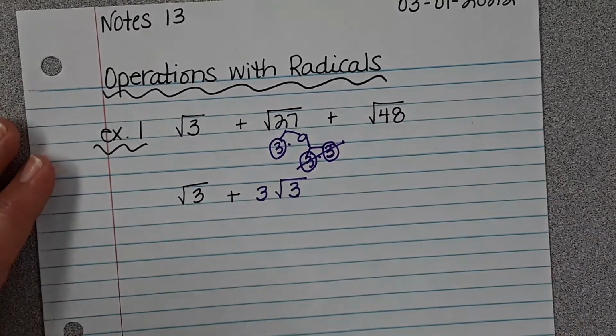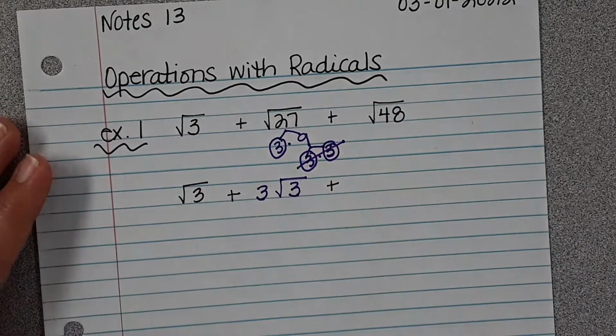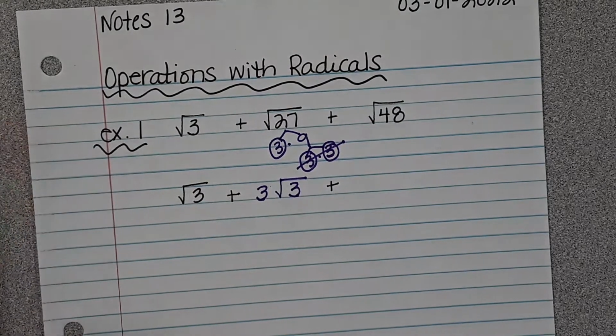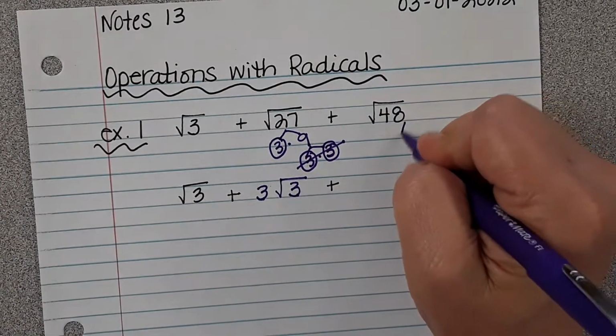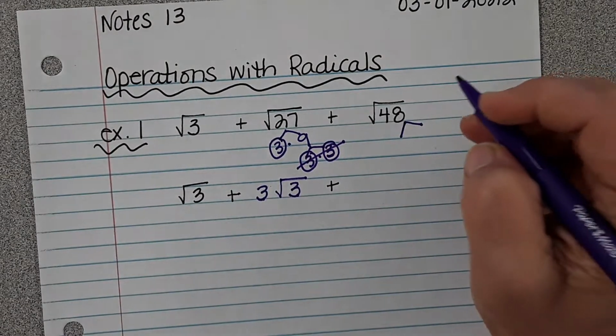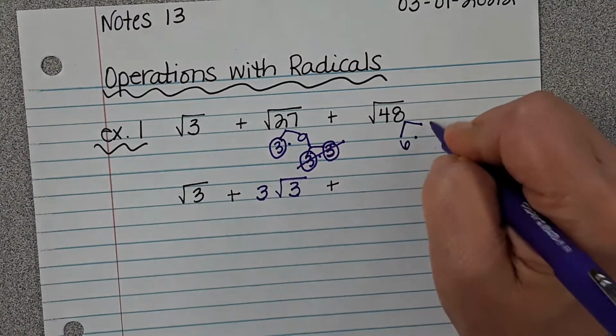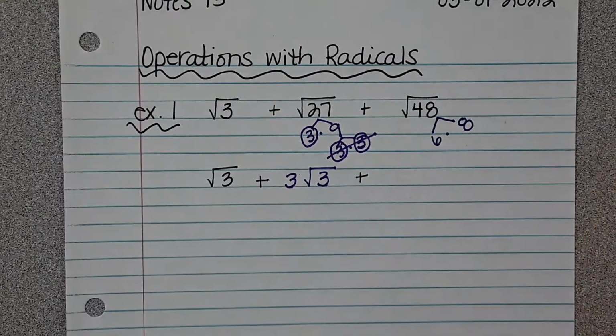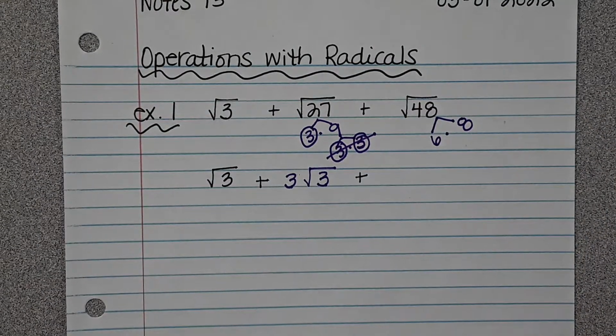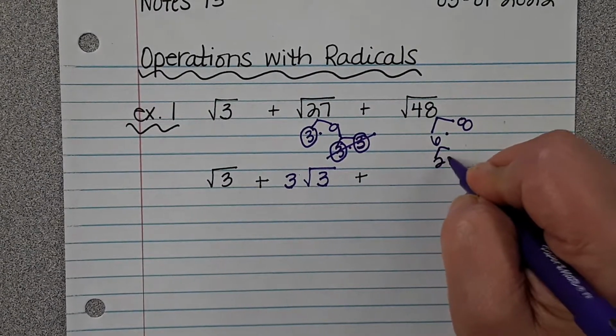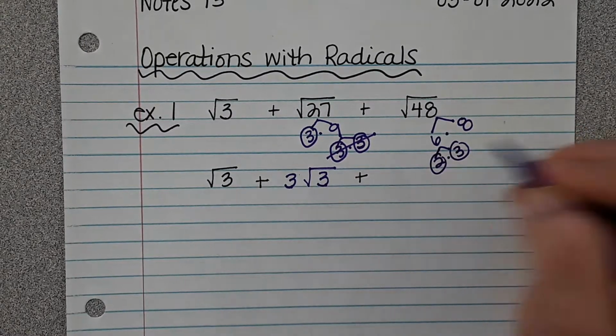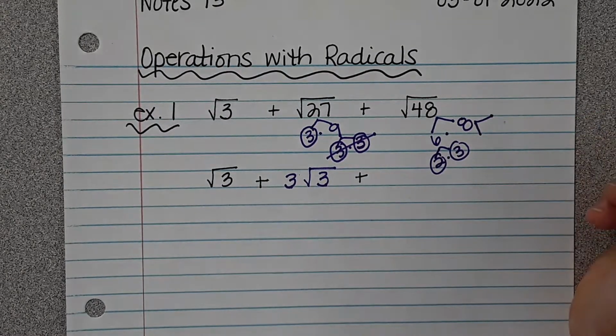We're going to bring this addition sign down. And now we're going to simplify the 48. What are two numbers you can multiply to get 48? Okay. What are two numbers you can multiply to get 6? Two numbers you can multiply to get 8.